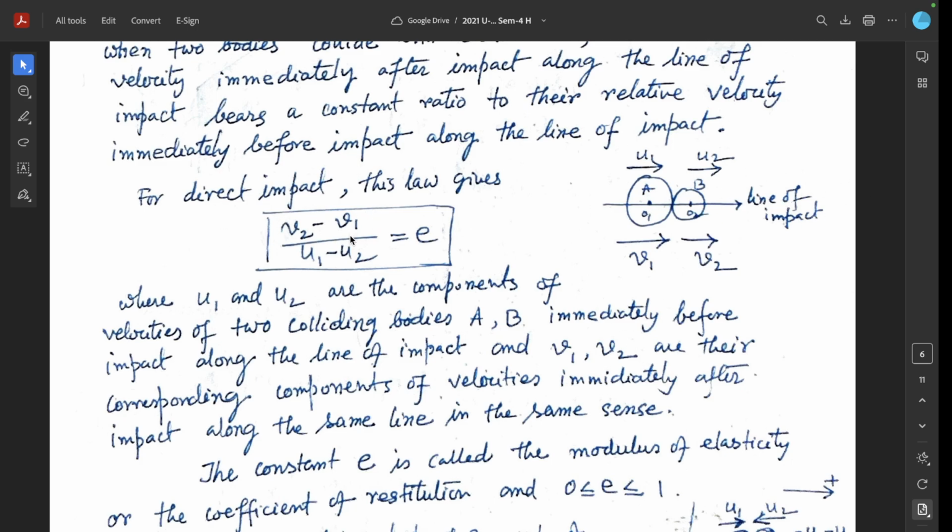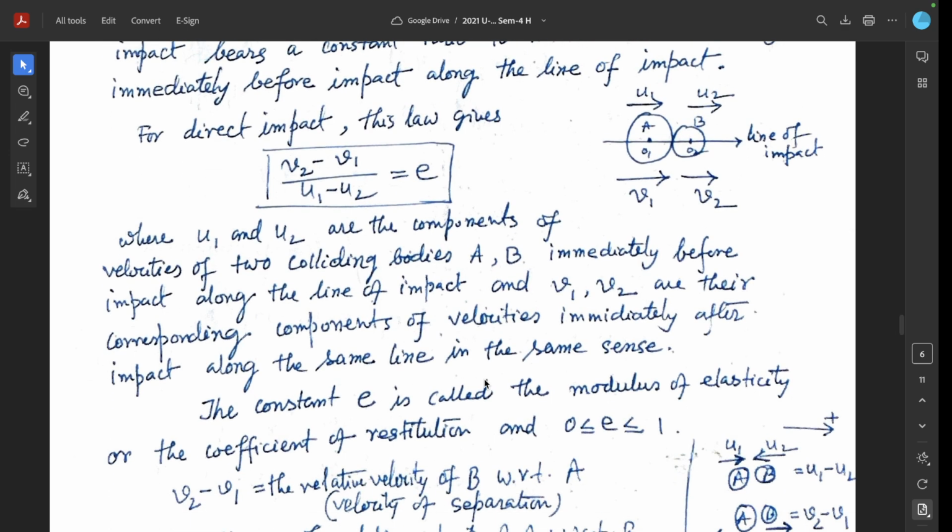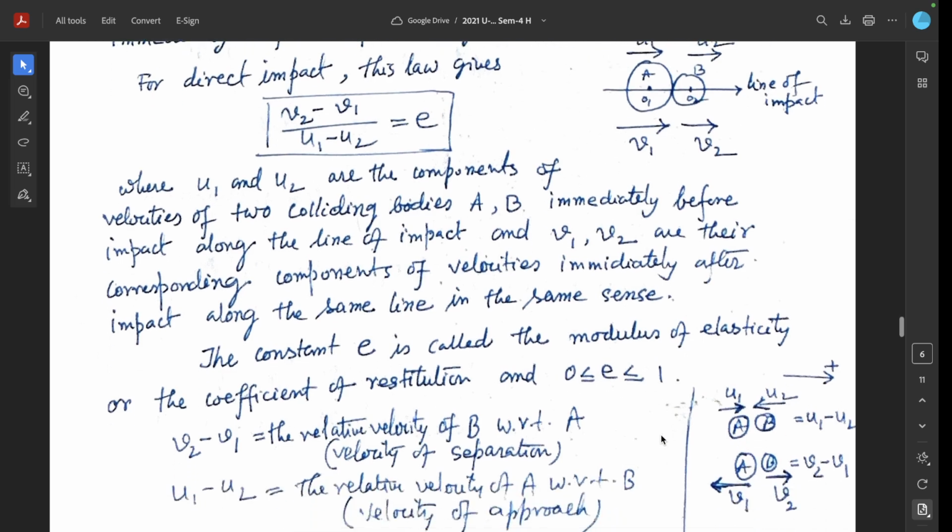Then (v2 minus v1) divided by (u1 minus u2) equals e. The constant e is called the modulus of elasticity or the coefficient of restitution, and its value is 0 less than or equal to e less than or equal to 1.